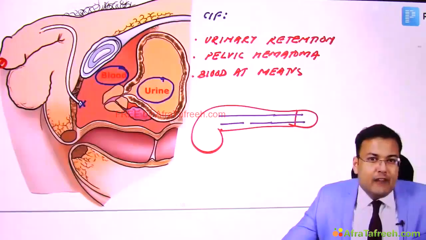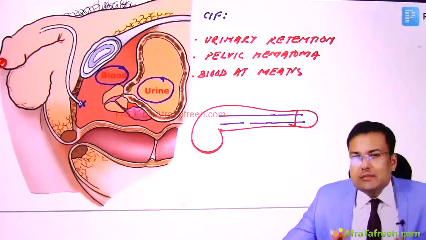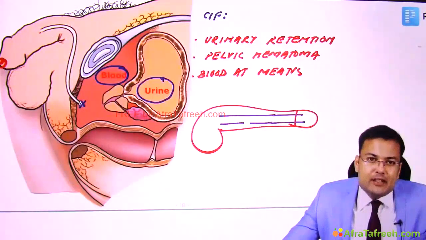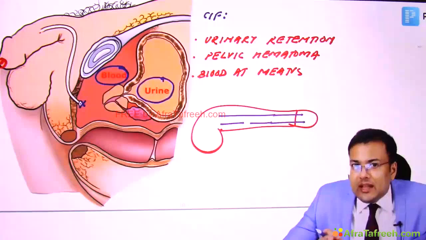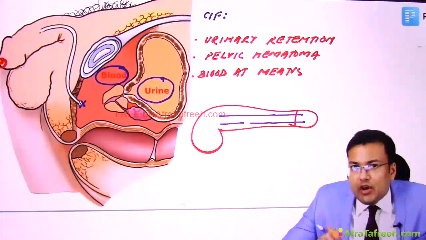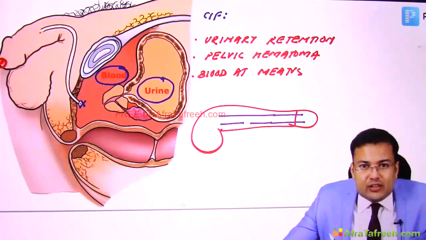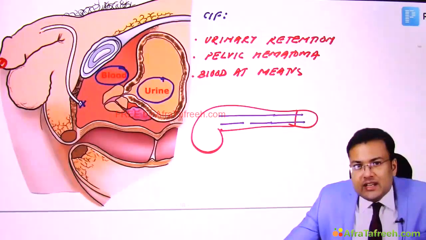But sometimes in viva, the language of the question is a bit difficult. Suppose the examiner asks, imagine a patient is having a small partial tear, is catheterization contraindicated or not? So see, it's not contraindicated.